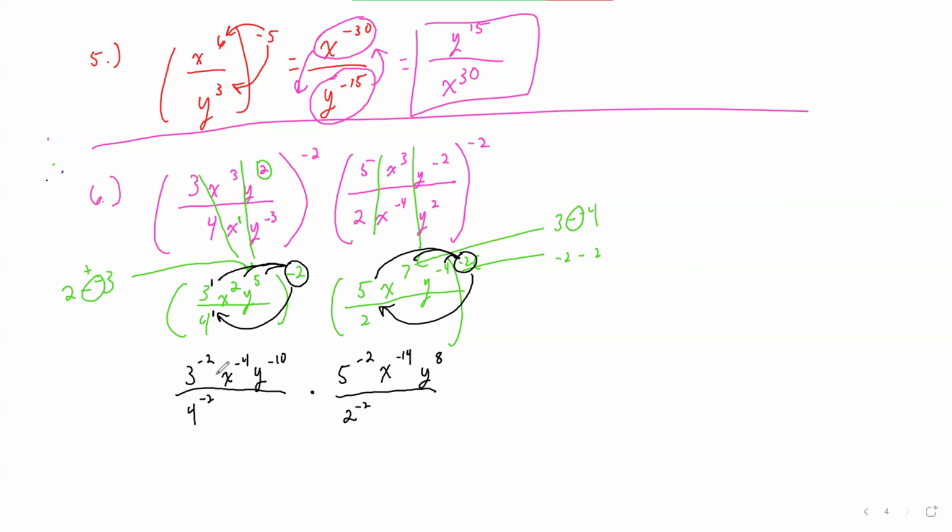Hmm. I would just get rid of all these negatives. So what will happen in this situation? They're all negative exponents. What would I do? I'm literally just going to flip the entire thing. So now it becomes 4 to the positive second, good, over all this. But make them all positive.